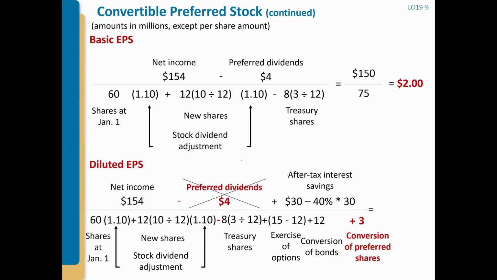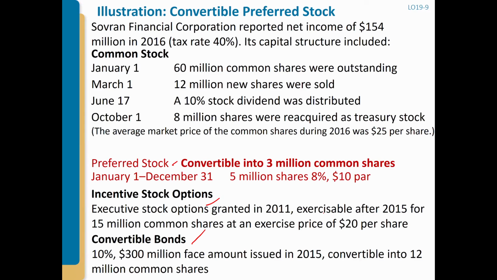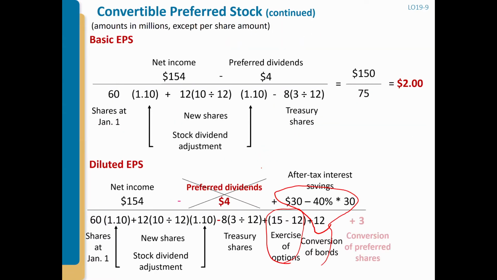And when we calculate diluted earning per share, we already consider the stock options, right? So you add that part. We also consider convertible bonds, which is this, right? This is the convertible bonds impact. Now let's consider this convertible preferred stock. If they convert into 3 million more shares, we will issue 3 million more shares. Our total outstanding number of shares is going to increase by 3.